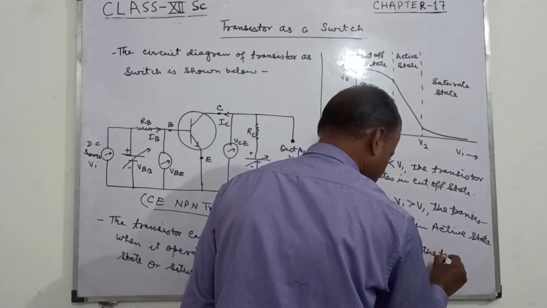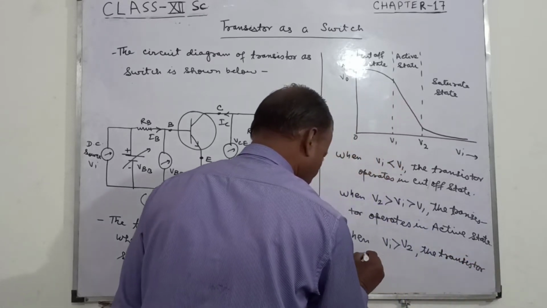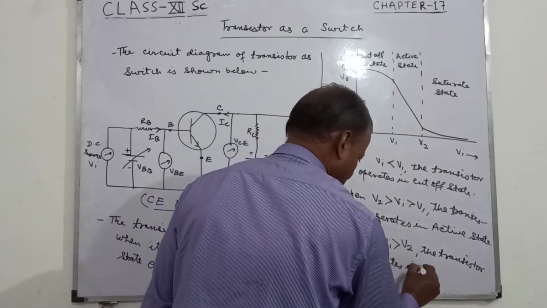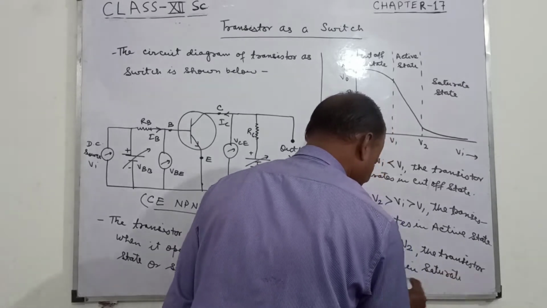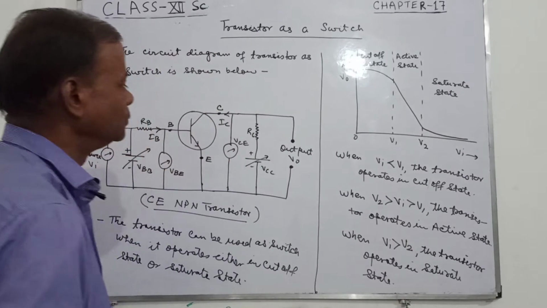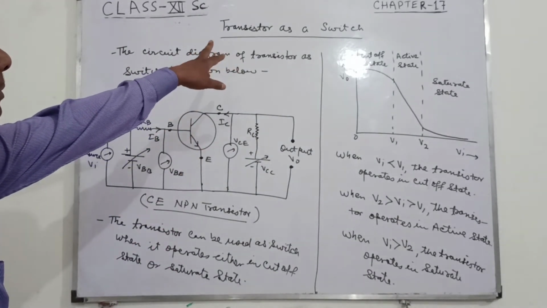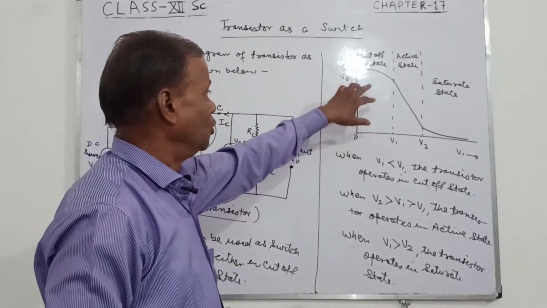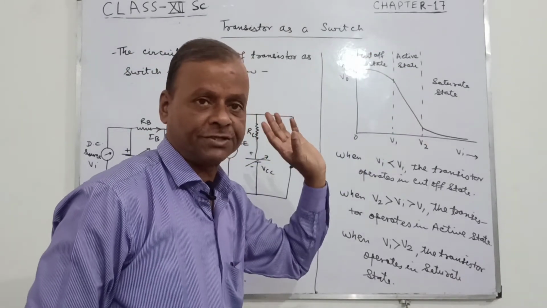The transistor operates in the saturated state. So this is what I told you, that the transistor can be used as a switch when it operates either in the cutoff state or in the saturated state.